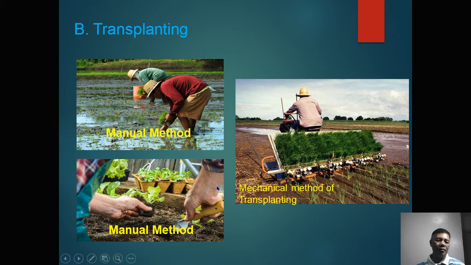Then, in the case of vegetables, this is a picture of how the seedlings are transplanted. Just get the seedlings from the container where they germinated and transfer them to the holes in the area where the seedlings will finally grow.